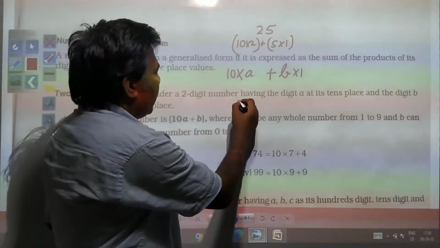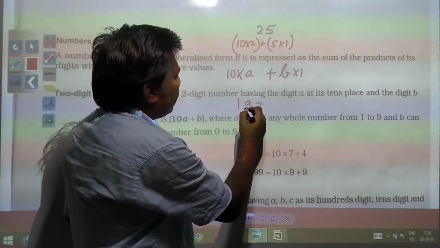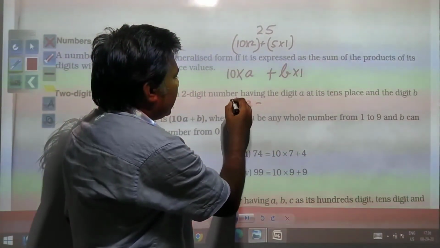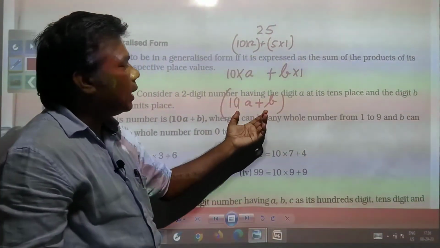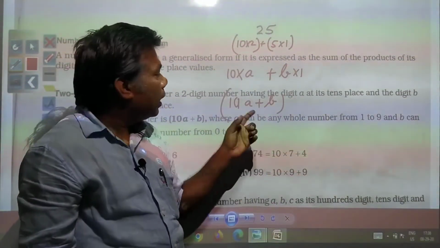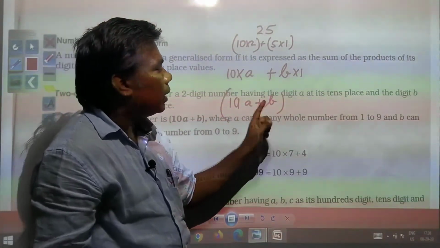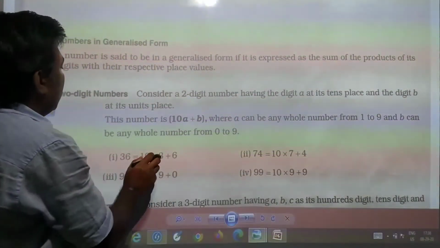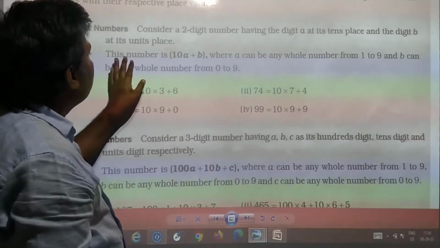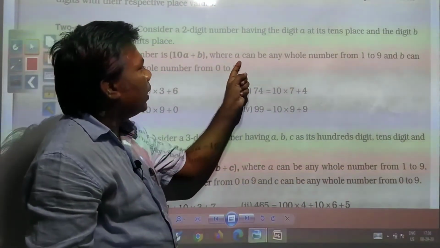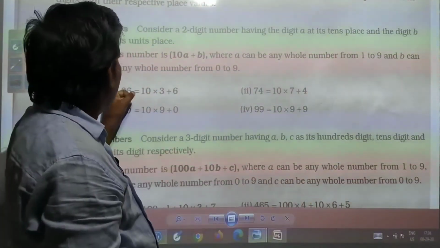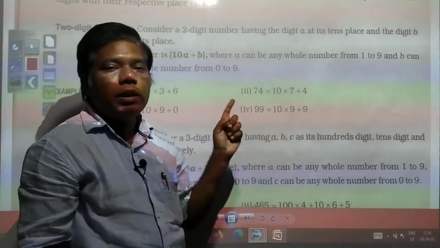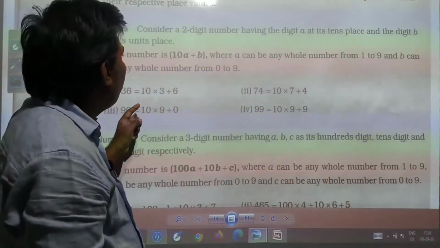So simply we will write 10A plus B. When we write this number in generalized form, it will be 10A plus B, where A can be any whole number from 1 to 9 and B can be any whole number from 0 to 9.